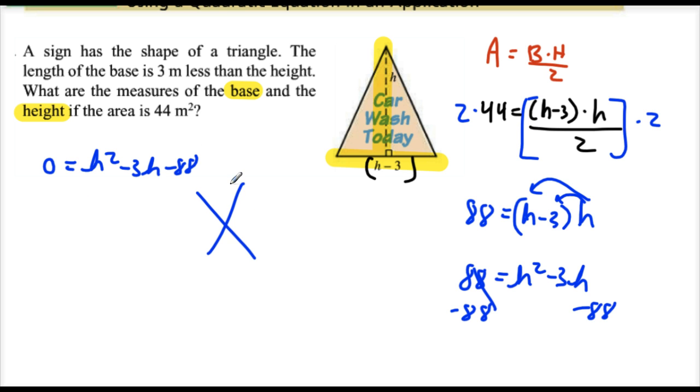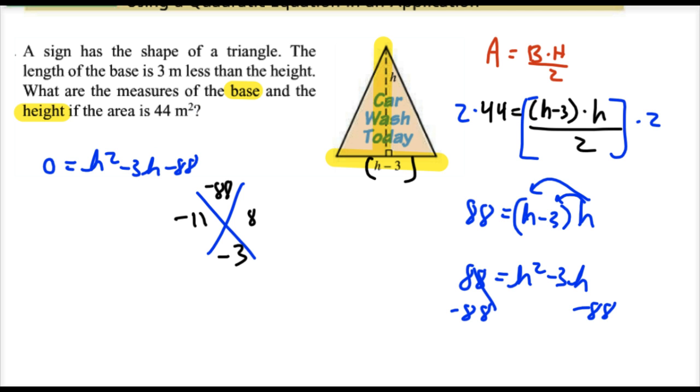So I want two numbers that multiply to get negative 88 and add to get negative 3. Well, to get 88, that's 11 and 8, sorry, not 11 and 3. I want that to add to negative 3 though, so this has to be a negative 11.